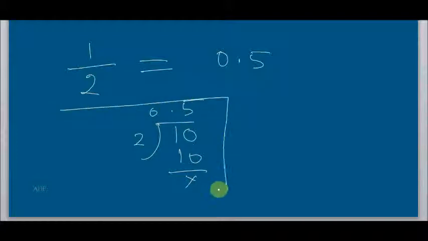Okay, now I am showing how to get 1 by 2 from 0.5. You write here 0.5 and just give a line here. Now remove this decimal, cut it and put 1 for cutting out the decimal.